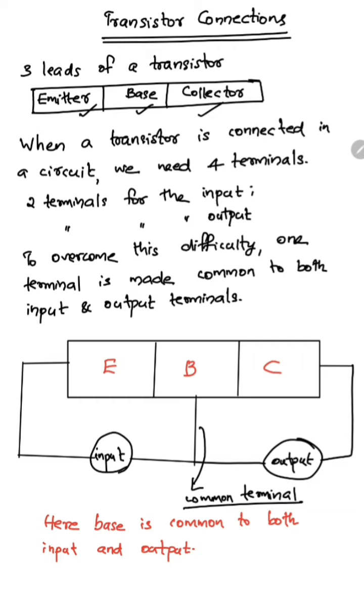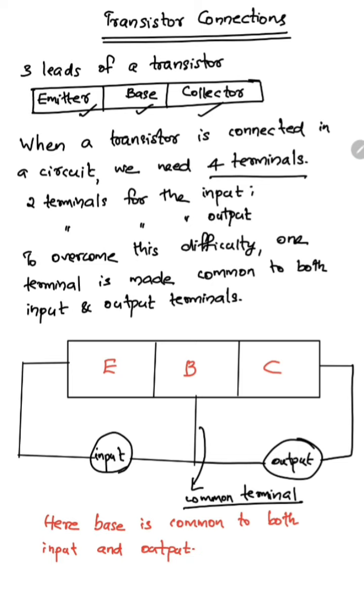So when a transistor is connected in a circuit, we need four terminals, in which two terminals are needed for the input and two terminals are needed for the output. So overall we need four terminals.